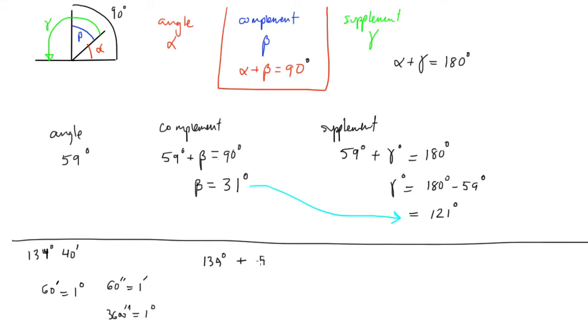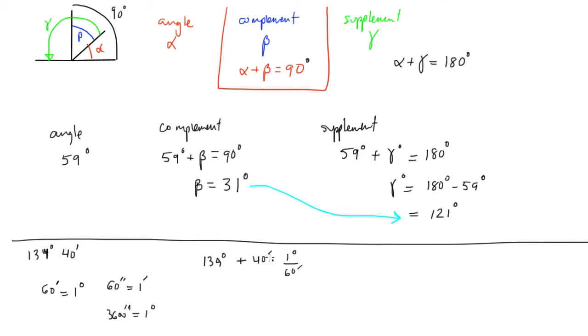So we'll have 40 minutes times 1 degree over 60 minutes, and then we just need to multiply everything out. So 60 minutes, not seconds.